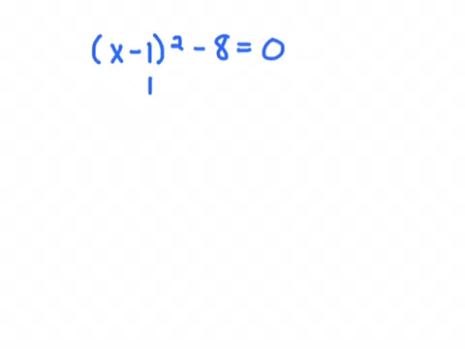In the first two that we completed the square for and we got this far, I didn't identify the vertex for you, so I want to do that now. The first one that we completed in this video was parentheses x minus 1 squared minus 8. That means the vertex would be 1, negative 8.